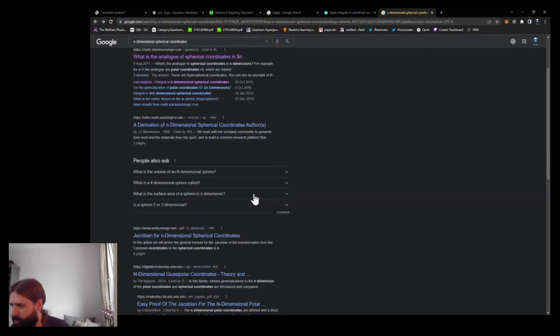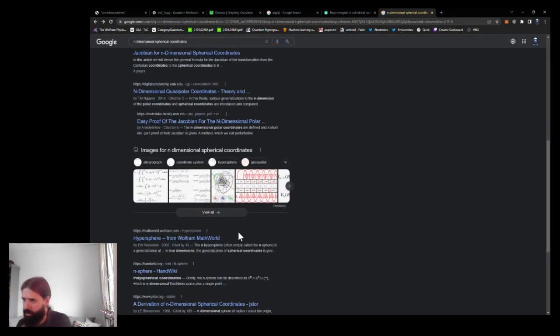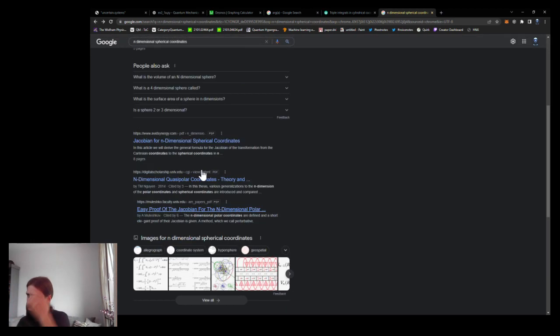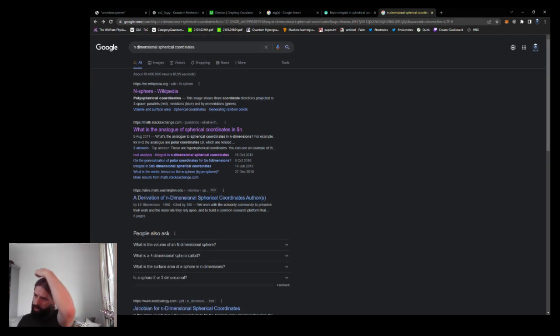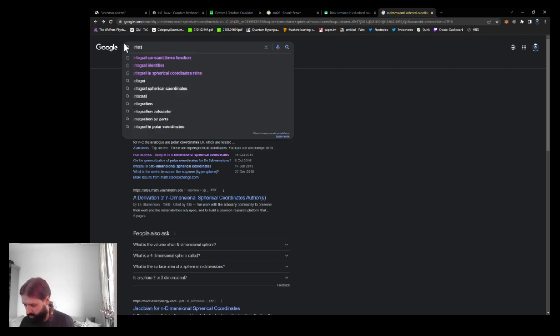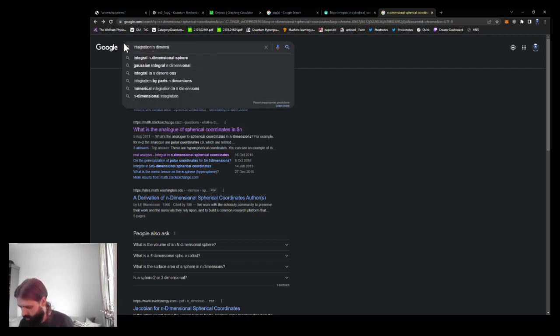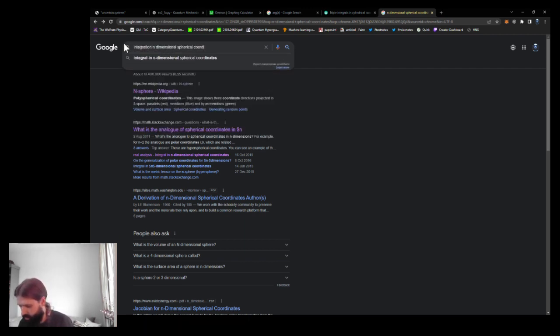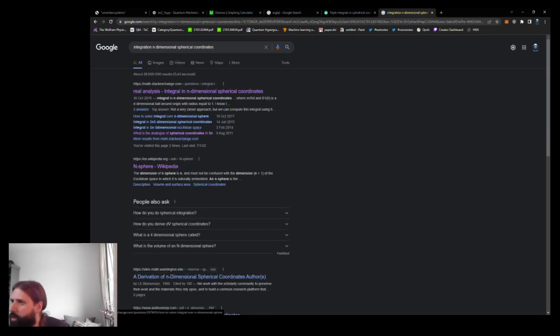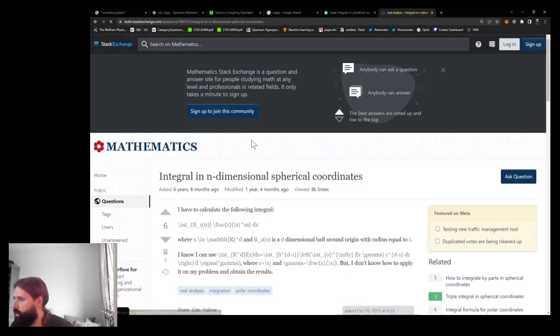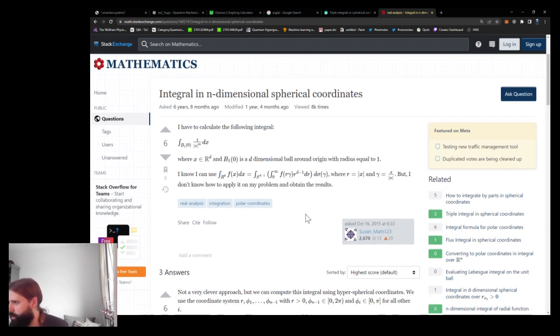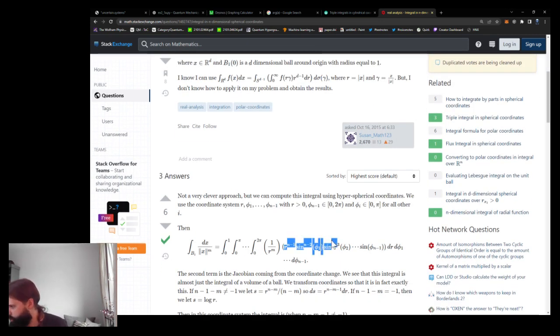And this is what I was trying to do. N-dimensional spherical coordinates. Exactly. This is what I'm looking for.